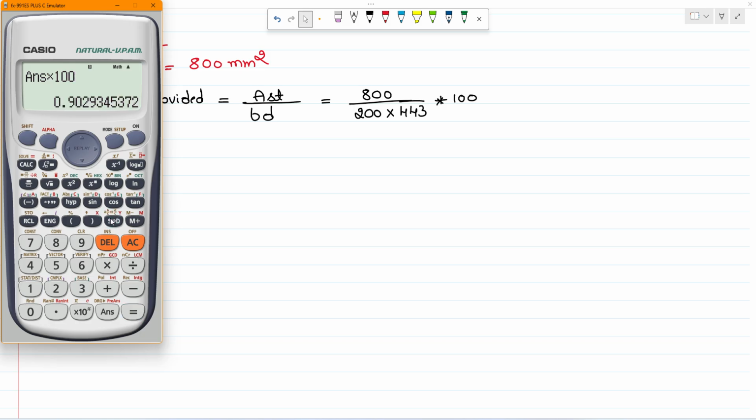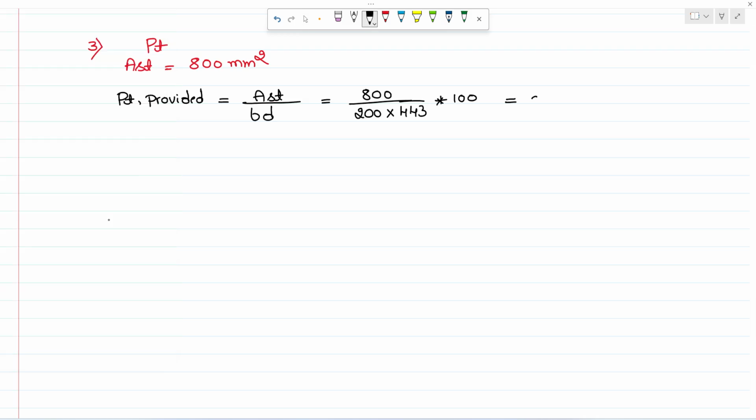It is 0.90. So percentage of steel provided is 0.90 percent.